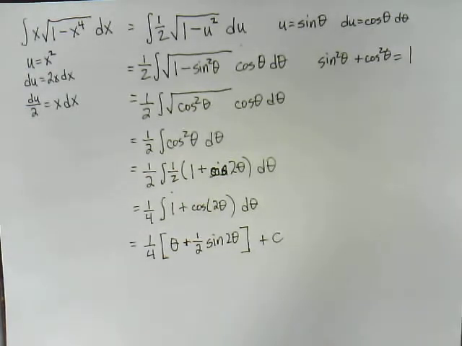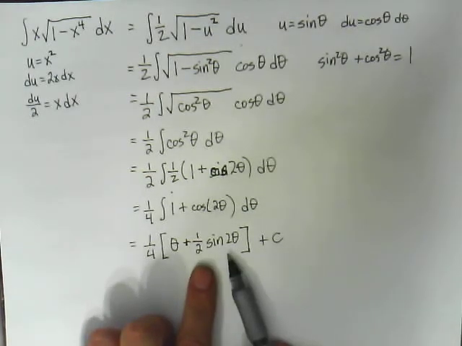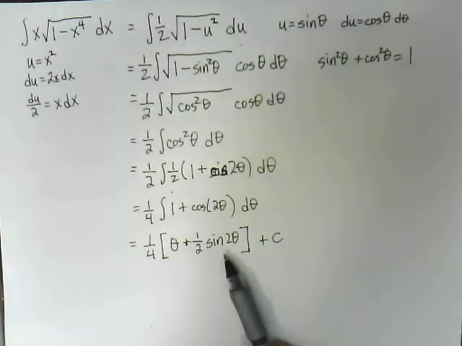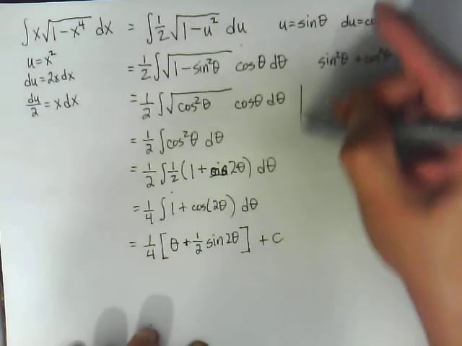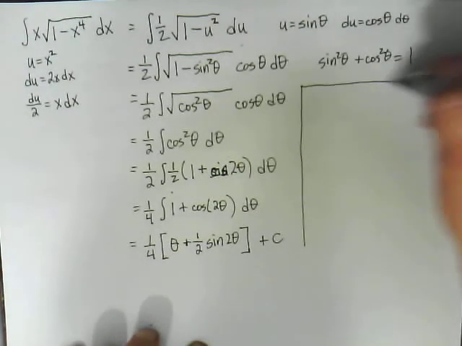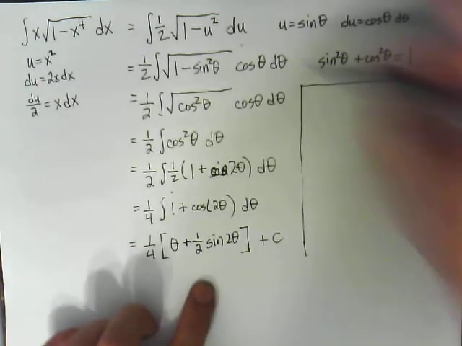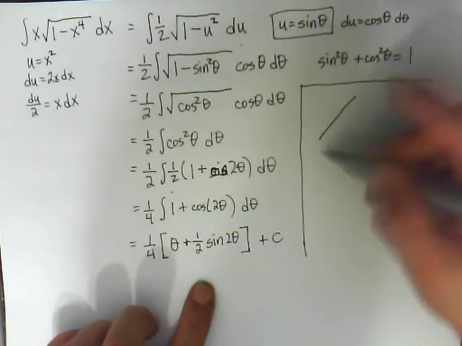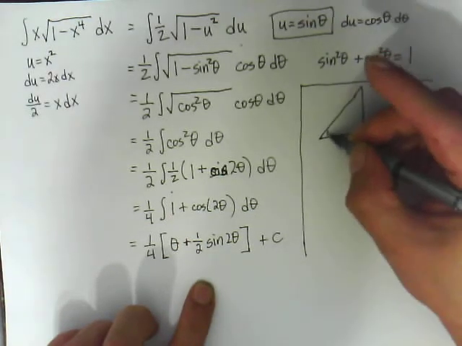Now that so far is the easy part. The hard part: now we have the integral, and everybody thinks, yeah, that's the answer, but the original problem was in x, so we have to back substitute back to x. I'm going to try to do some of the substitution up here so that we have some room. One thing we need to do is use this identity here. So this is going to be a triangle, and here's our theta.